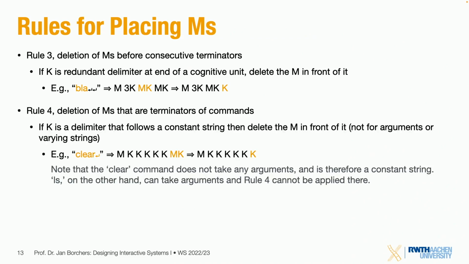Next up, deletion of M's that are terminators of commands. So if a key is a delimiter that follows a constant string, then you delete the M in front of that. This is not for arguments or strings that change, but for commands that are always terminated with this key. So, for example, if I type clear, or again, the dir command that I mentioned earlier, and I hit enter, then I'm going to remove the mental preparation in front of the final return.